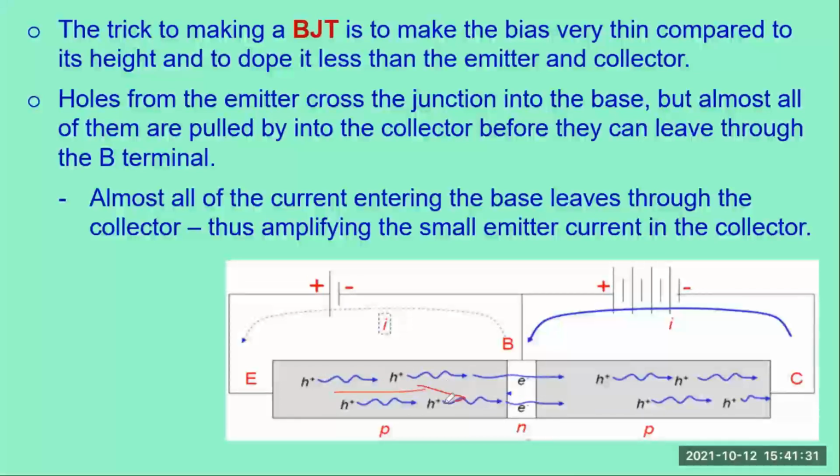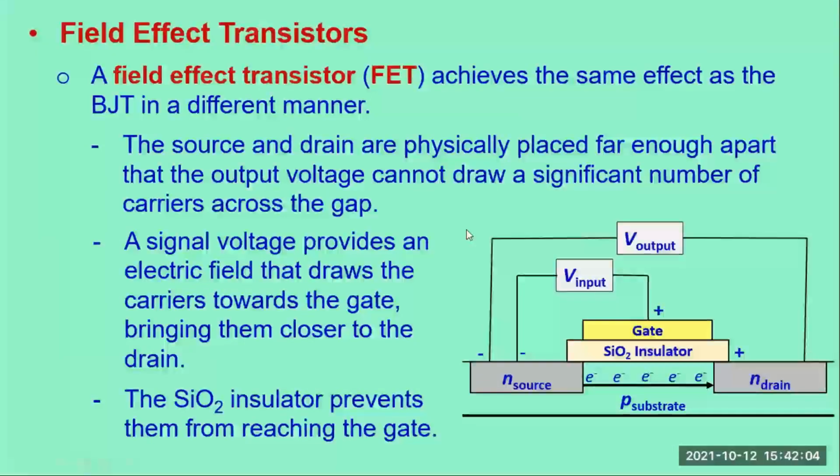Through the movement of these holes being pulled across the very thin base to the collector side, this small current is amplified by the greater current on the collector side, and thus we have that amplification of the current in the collector side as these holes move from the emitter to the collector side across the very thin base. That is the basic operation of these transistors.